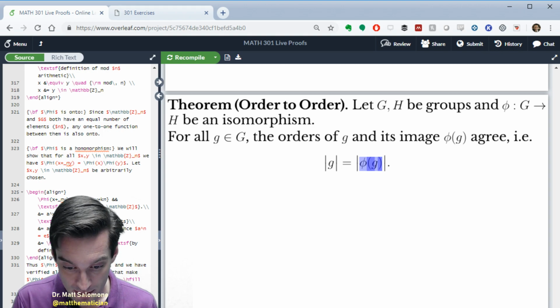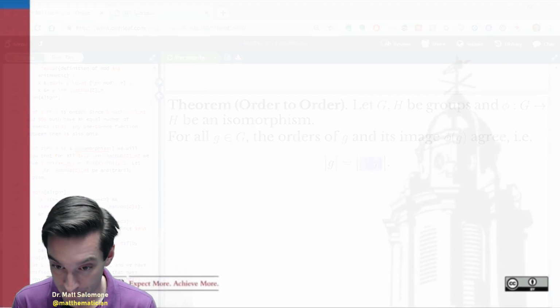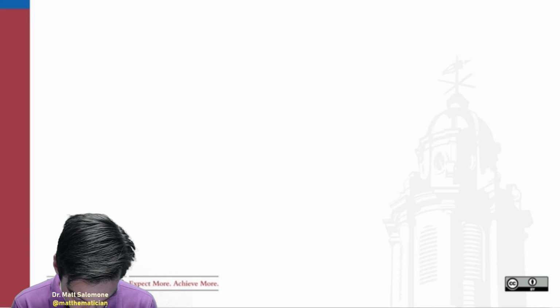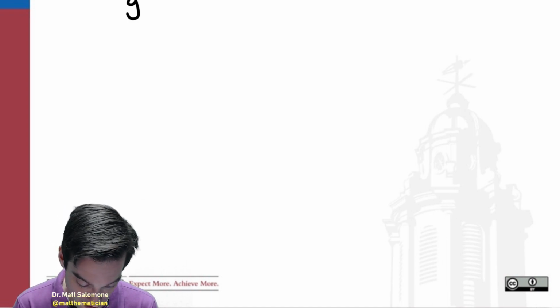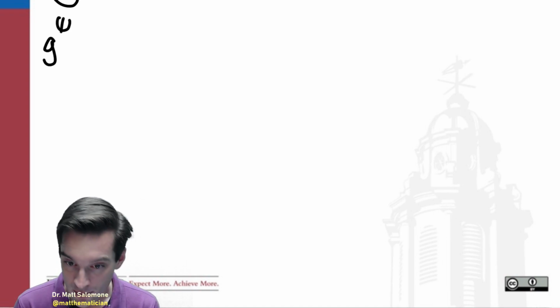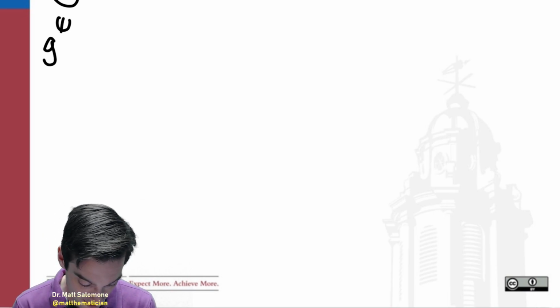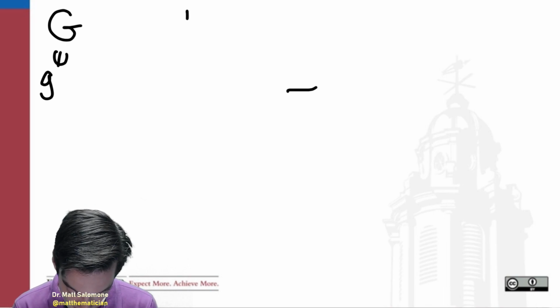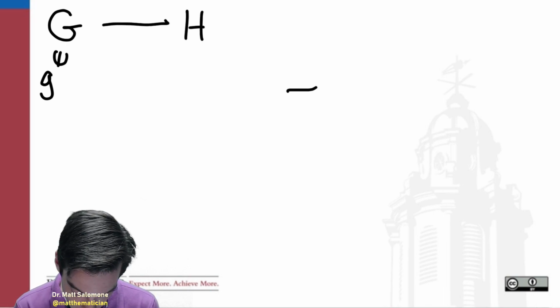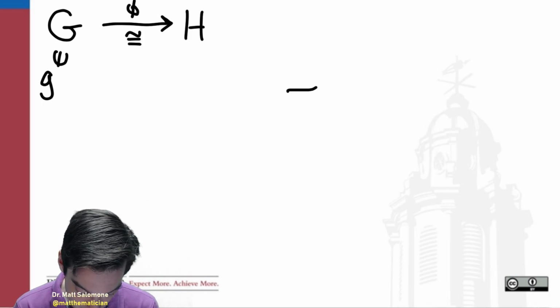Well, let's get ourselves a little bit of scribble space here. So over on my cocktail napkin, I'm going to imagine that I've got an element g in my group big G over here. And then my isomorphism, which we're calling phi, with a little isomorphism symbol under here, is sending my element g over to an element phi of g.